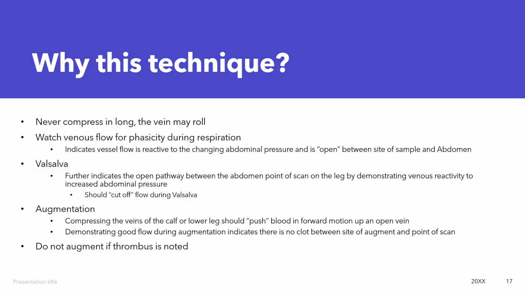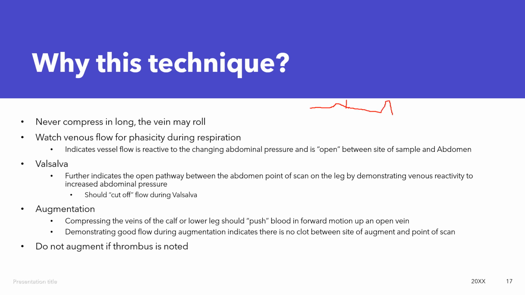Now, when you're going to do augmentation, you'll be placing your transducer at a certain point on the leg, say just below the knee, and you're usually going to be squeezing the patient at the ankle.